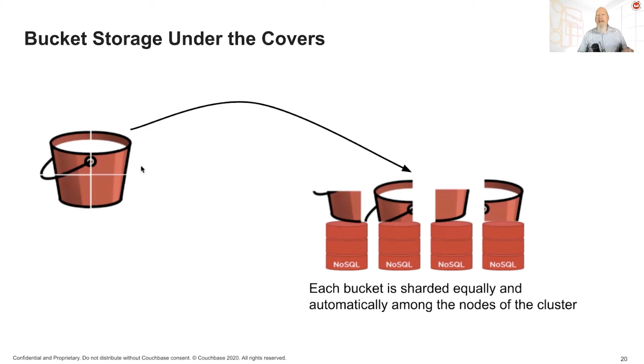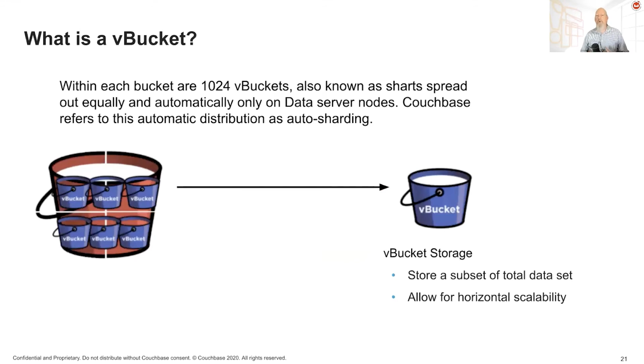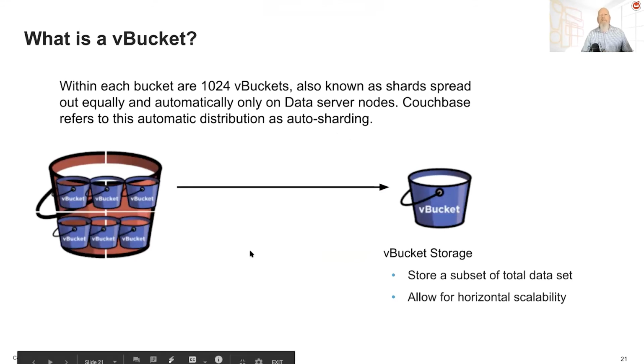The way in which that's done is that we introduce this idea called virtual buckets or vBuckets. The important thing to understand here is that every bucket is broken into 1,024 virtual buckets, sometimes also known as shards. Sharding is a common industry technique for what we're doing here.